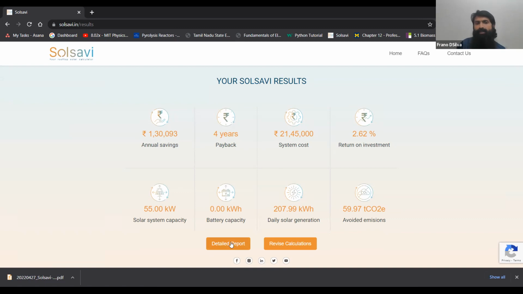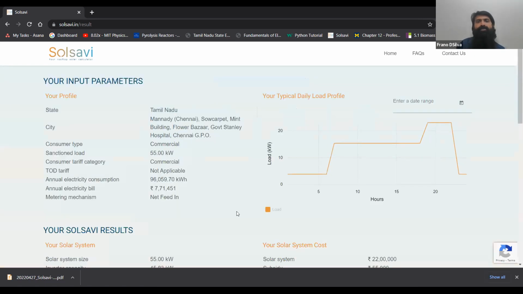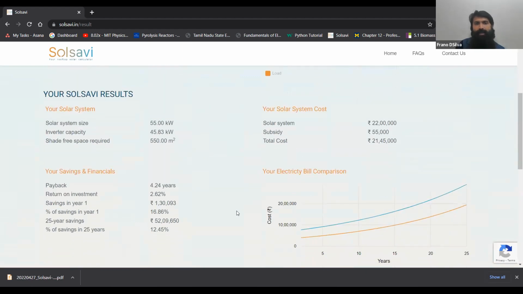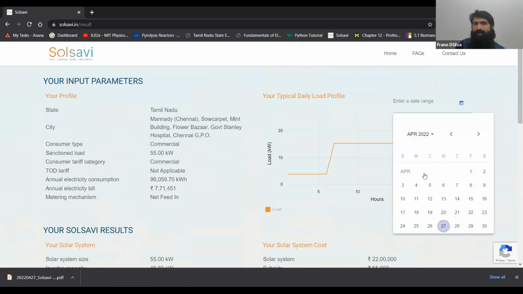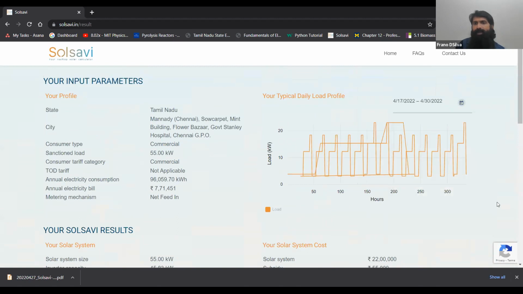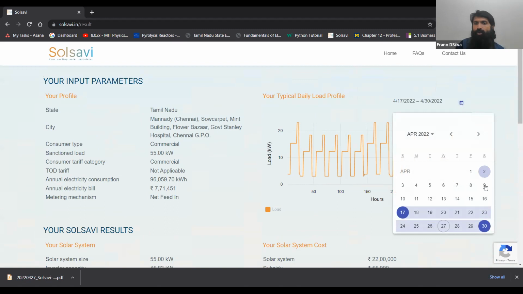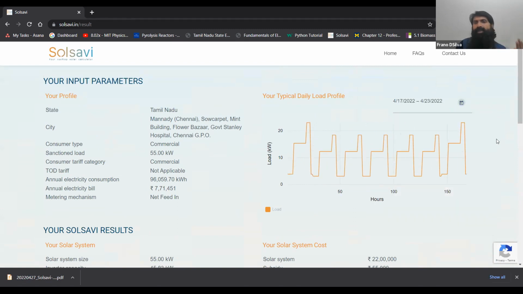You have the detailed report, and you can delve further into the details shared, such as the load profile that is generated, to show you the difference between the weekday and weekend. As you can see, on the weekday our consumption profile seems to be lesser than the weekend.